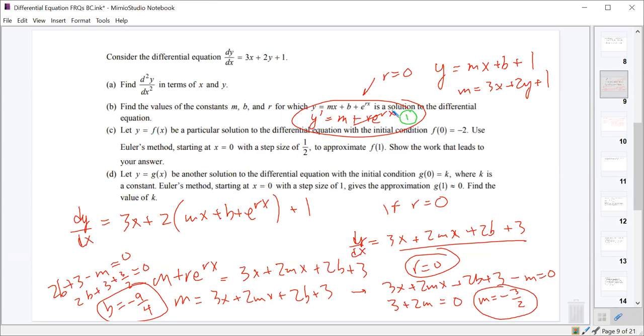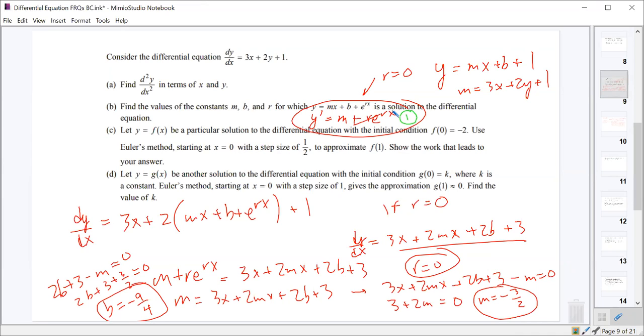Yeah, and they show both. They show when r is 0, and when r is not 0. I don't know, it's hard to say. I don't think you would have needed both. They've got a big "or" in between here, so it's hard to say if they would have required both of those to be solutions.